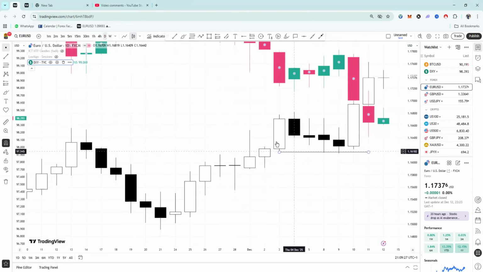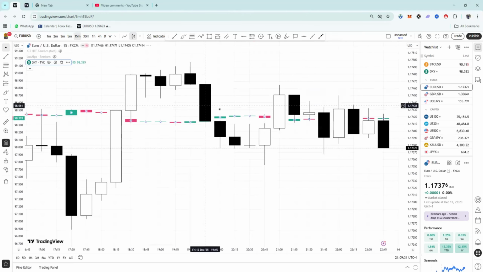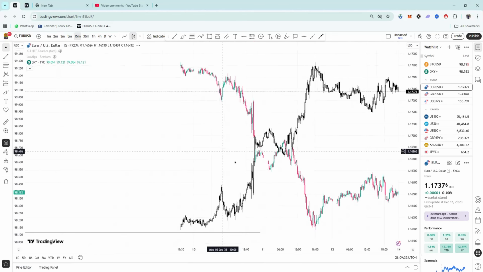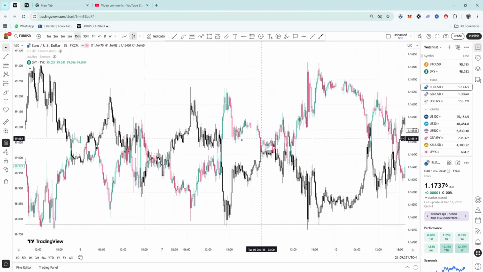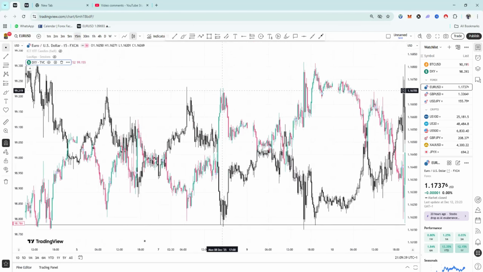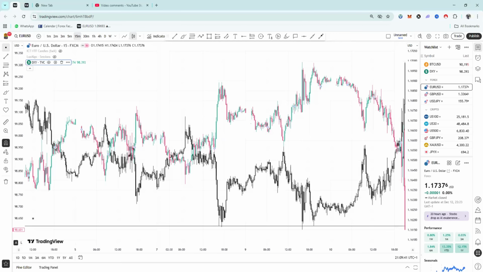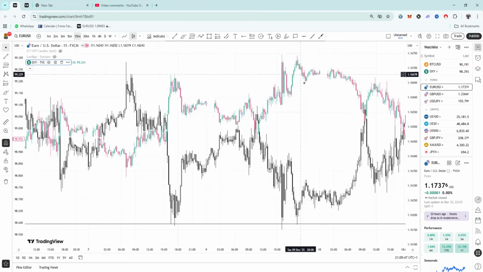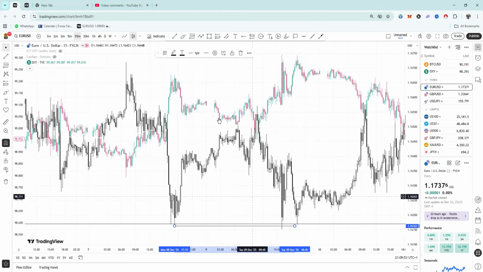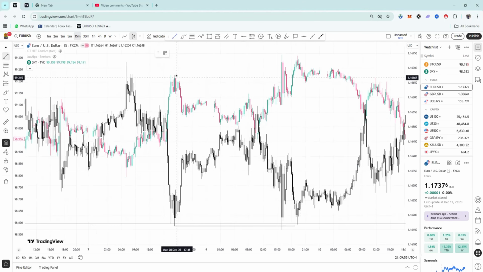Okay, let's go back to around 15 minutes. Maybe we'll see if we can have any SMT around that zone. So this is the area we are looking for sales, and price takes out this low, and this is the same high here.